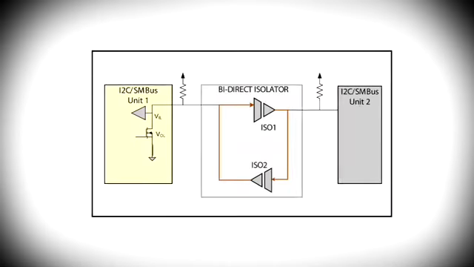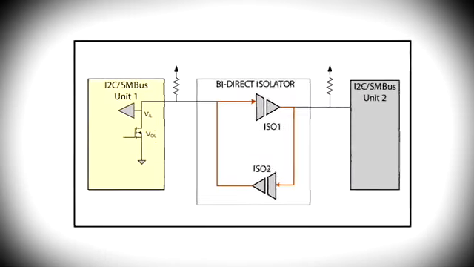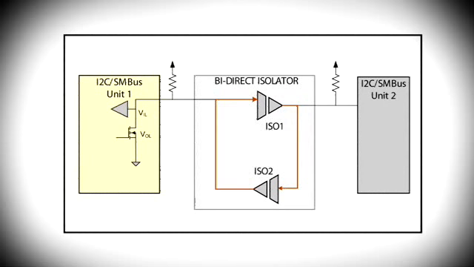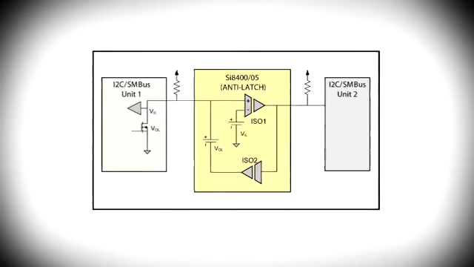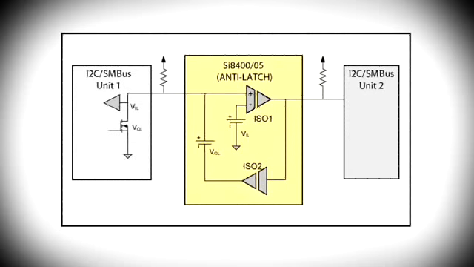Here's a top-level diagram of a bidirectional isolator connected between two I2C devices. Note that the isolators are connected in opposing directions, creating a latch condition when an isolator output logic low propagates back to an adjacent isolator channel. This problem is eliminated by adding special anti-latch circuitry to the A side.